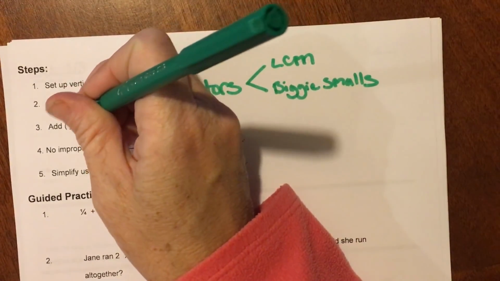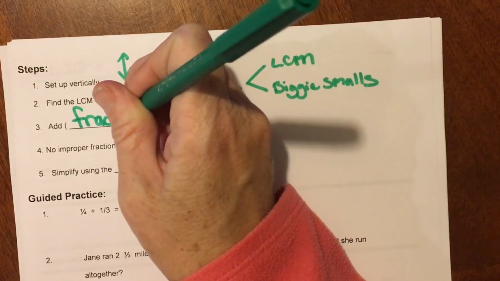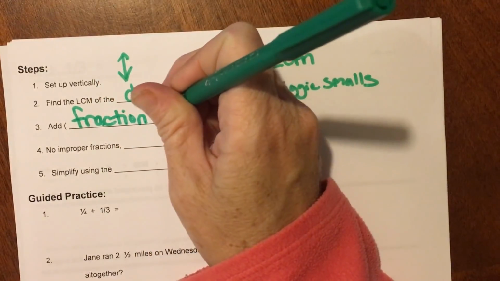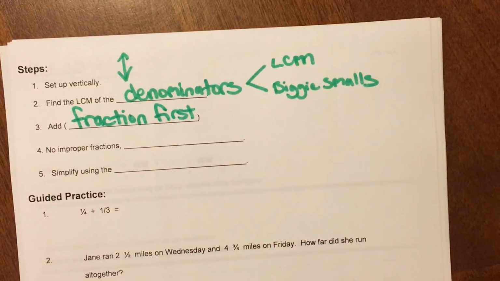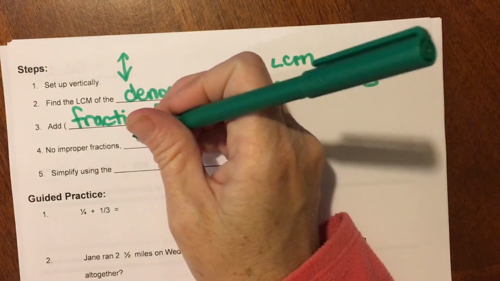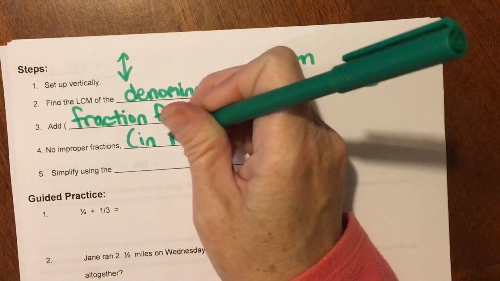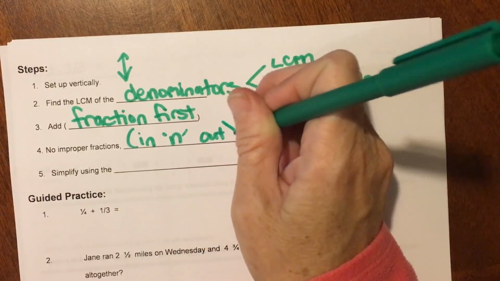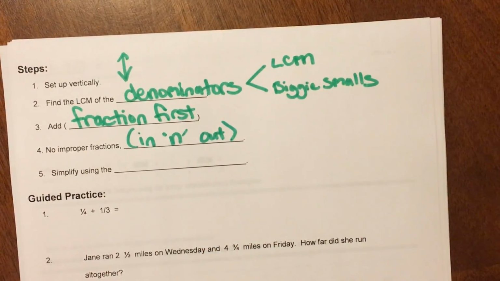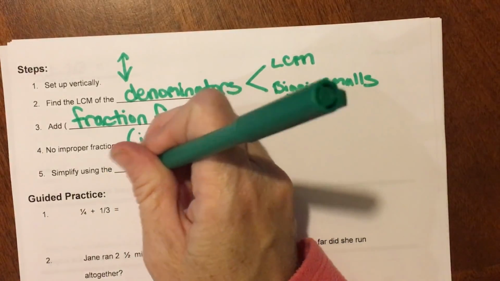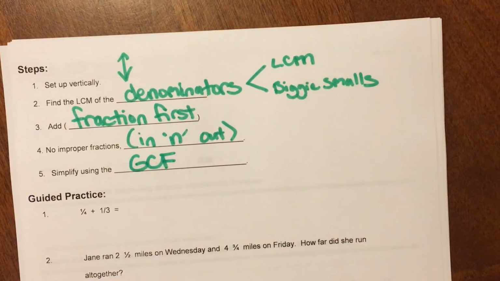You always do fractions first, and I'll show you why. Once you have your answer, no improper fractions are allowed. So remember, you're going to use in and out to fix them, and then you can simplify using the GCF. Remember, these notes are just for you to refer to for some help while you're working.